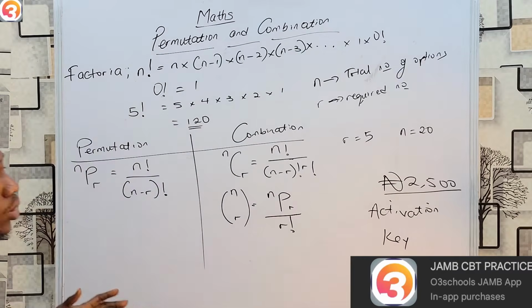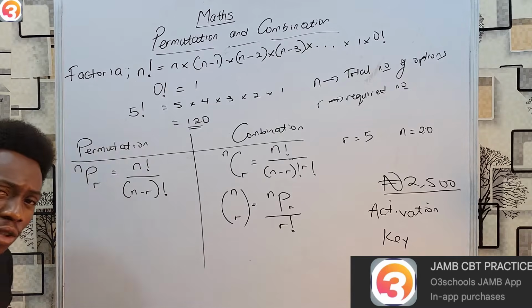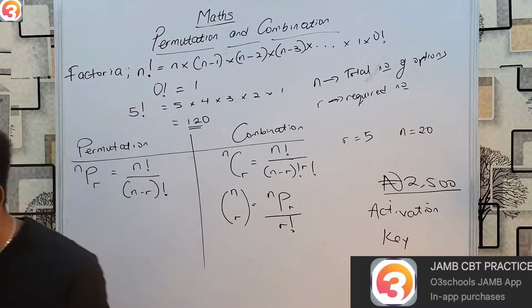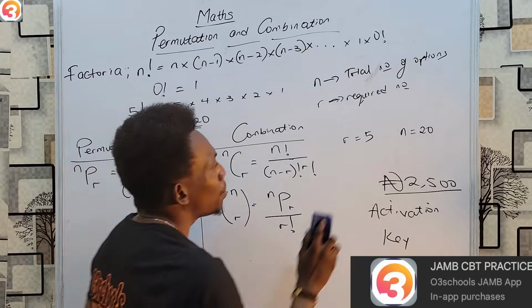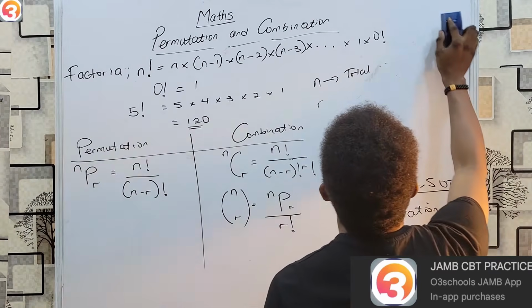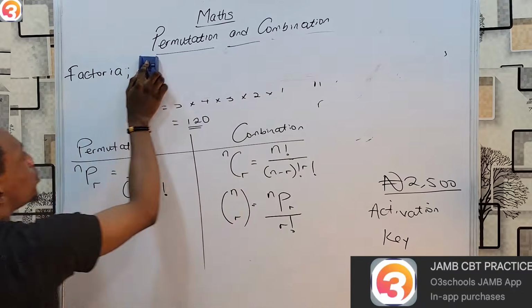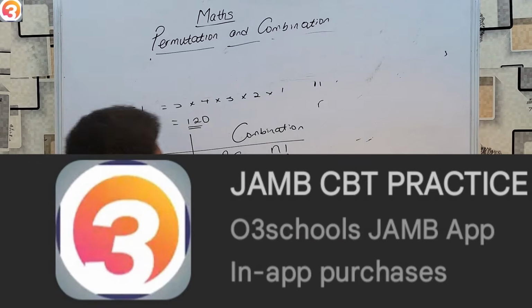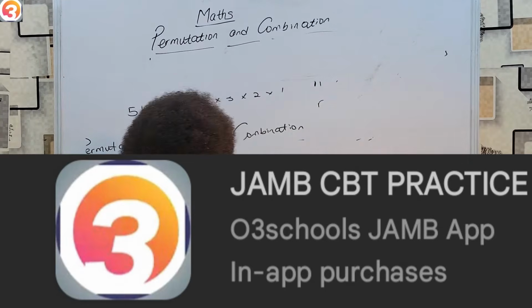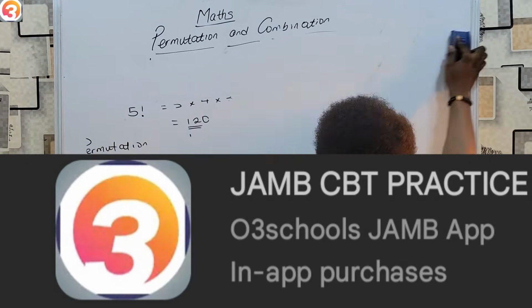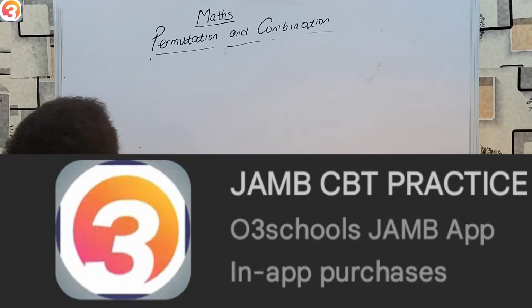Now, with this basic knowledge, you're actually ready to solve some questions. However, what you must now learn about permutation and combination is that they have some particular special type of questions. So we'll endeavor to cover the various ways permutation and combination can come out within the questions we are going to solve from our O3 Schools JAMB app.